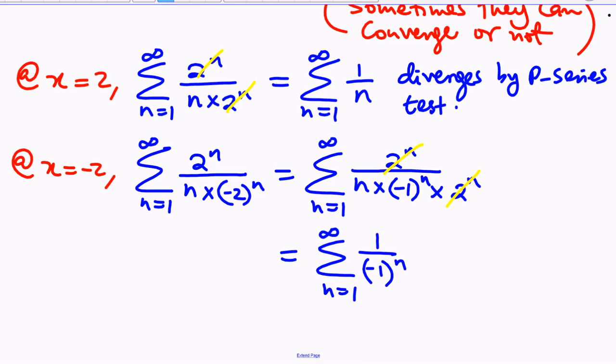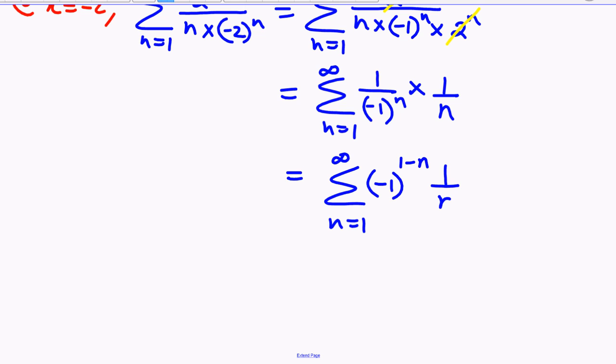I tend to say a lot of words and still get confused with those. So we end up with that, and then this is multiplied by 1 over n. I'll simplify them just to make them much better for you. So this will be the sum from n equals 1 to infinity of -1 to the power 1 minus n. So this is much better.